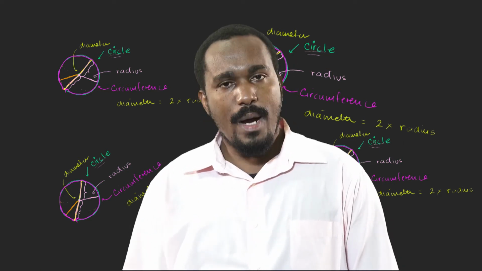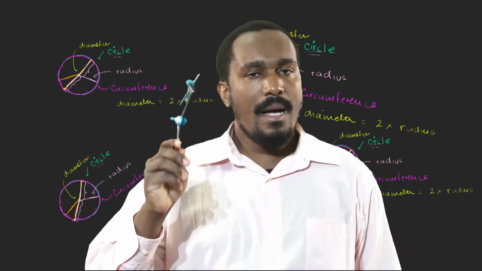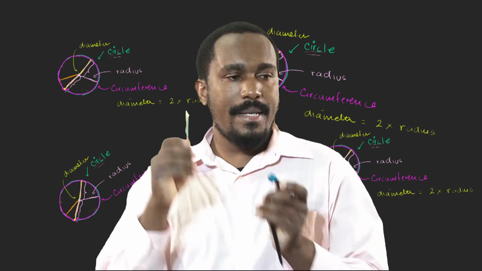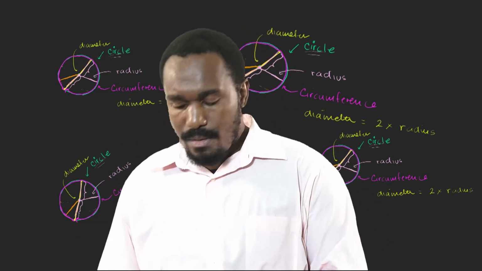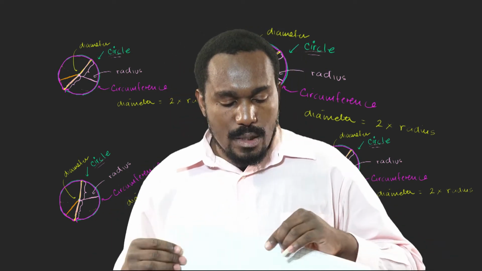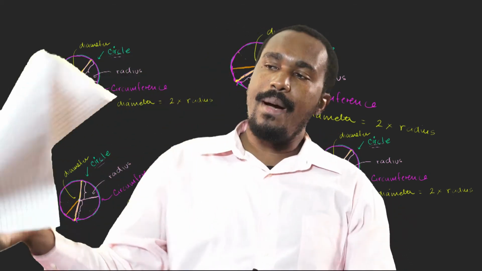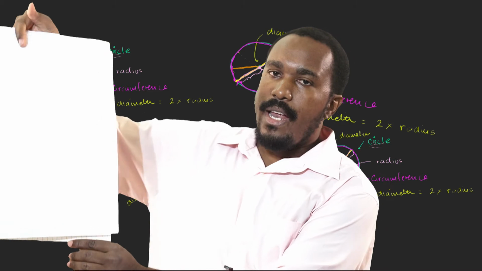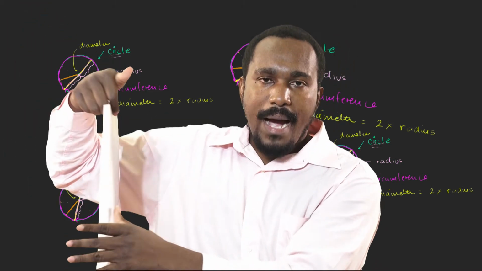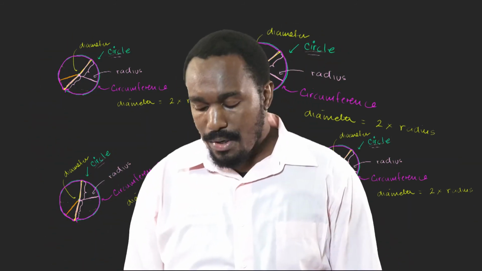You also need to have a pencil. This is my pencil. There is a pencil here on my pair of compasses. So these are the tools you need. And then you also need a squared sheet of paper, where you will practice your drawing and the approximation.